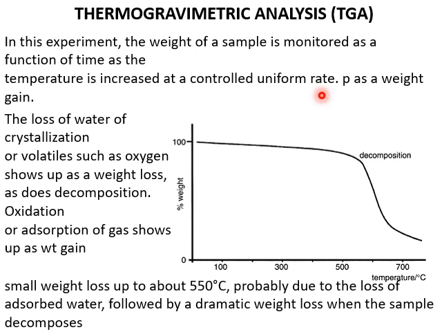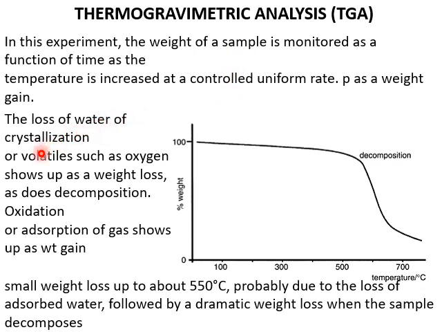The instrument used for thermogravimetric analysis is called a thermogravimetric analyzer. In it, the weight of the sample is monitored with the passage of time, and the temperature is increased or decreased at a controlled rate.